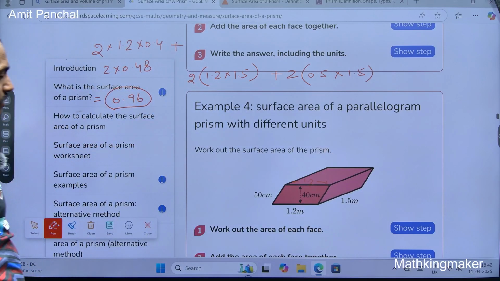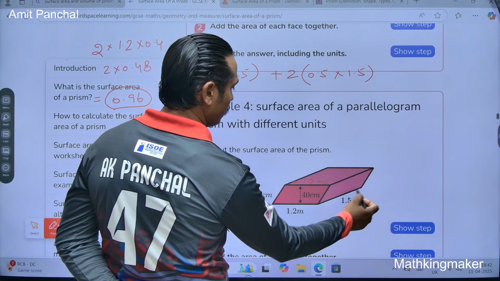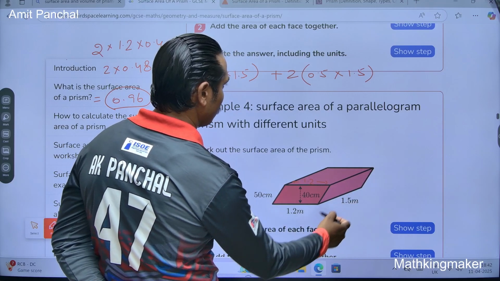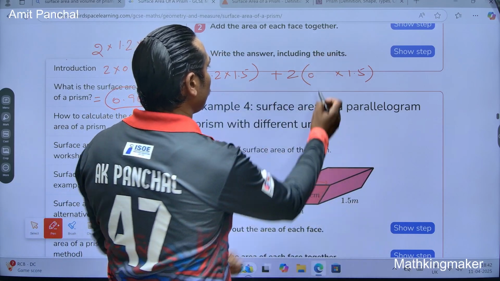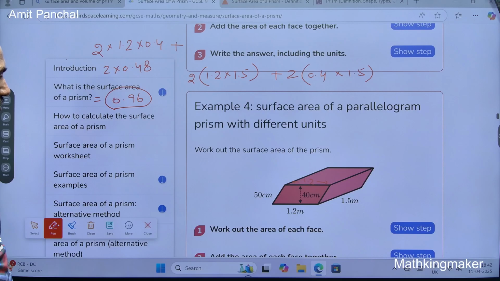So isn't it 0.4? Why will it be 1.4? No, sir, not 1.4, 0.4. It will be 0.4, yeah. Yes, sir, that's what I did.